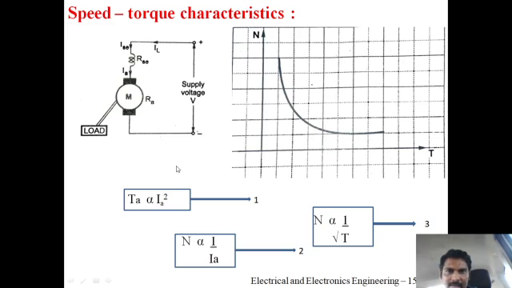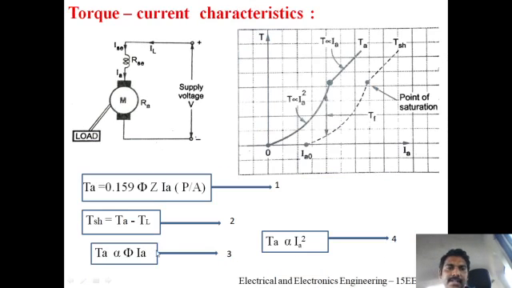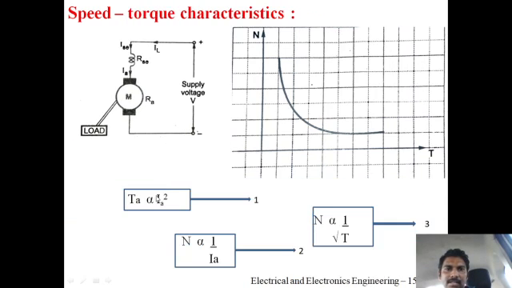So here let us analyze this again with the help of the equations. Equation 1, if you observe, the armature torque is directly proportional to the square of the armature current. From the first characteristics, equation 4, I can write directly that the torque is directly proportional to the armature current.